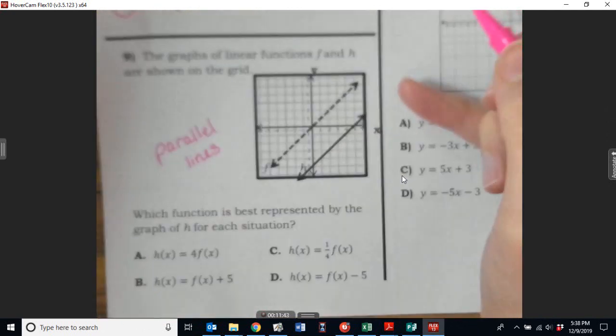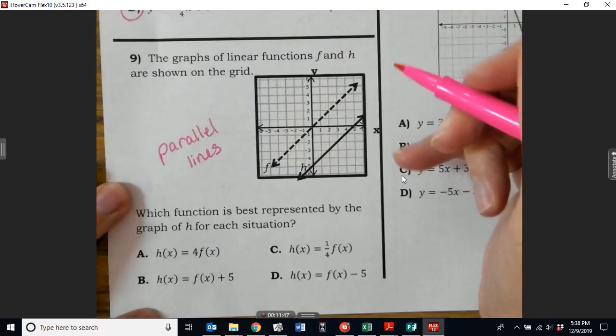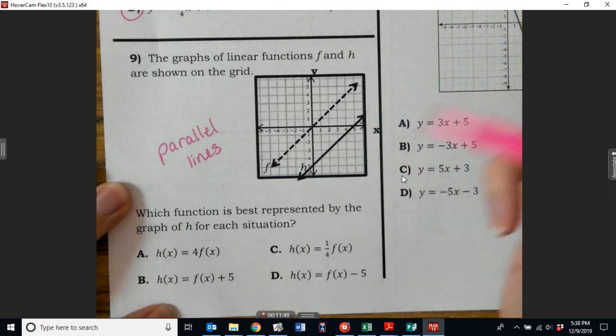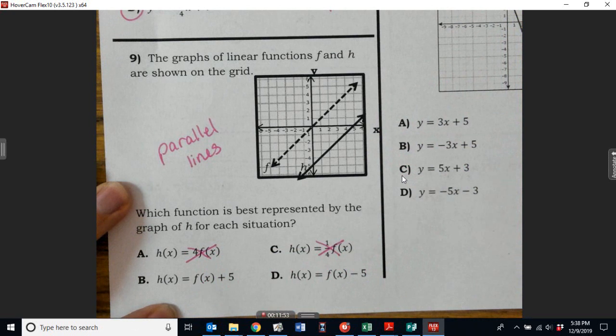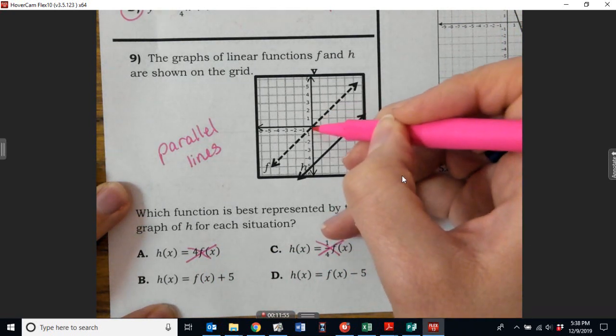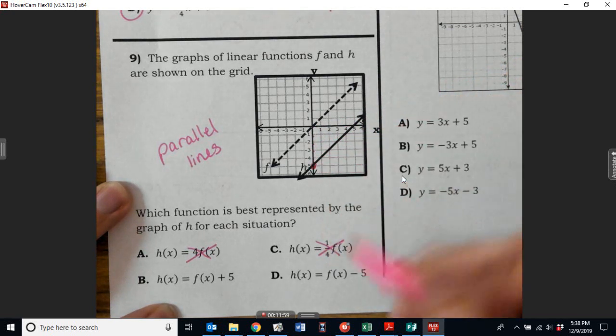If they are parallel, that means the slope is the same, so the number in front of x has to be the same, so I'm not doing anything with that. But my graph did move down 5 units, and if it moves down, it's a minus sign, so D, again, is my answer.